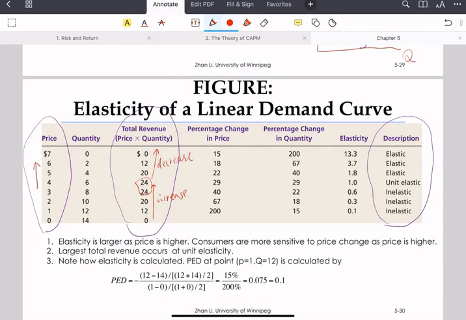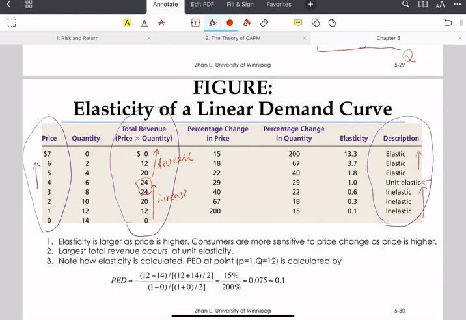And if we look at how elasticity changes, first the demand curve is inelastic and then it becomes elastic. Of course, between inelastic and elastic, we have unit elastic.